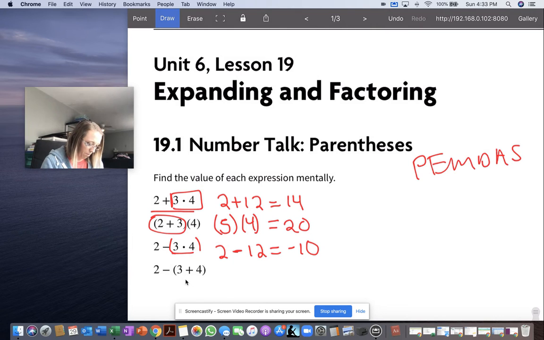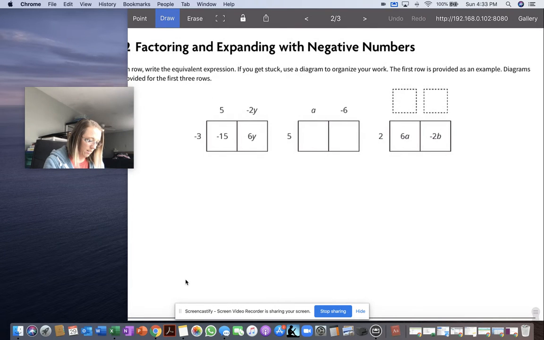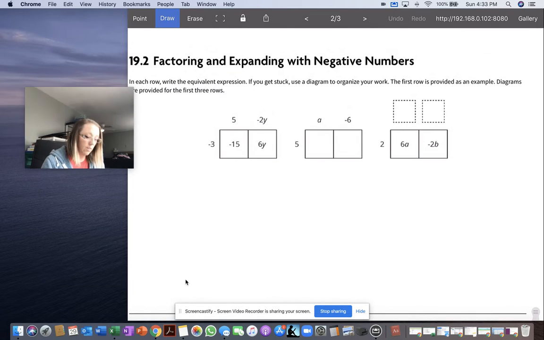Still have to do your parentheses first. So 2 minus 3 plus 4 is 7, which equals negative 5. Okay, super quick to get your brain going. So now we're going to move on to factoring and expanding.